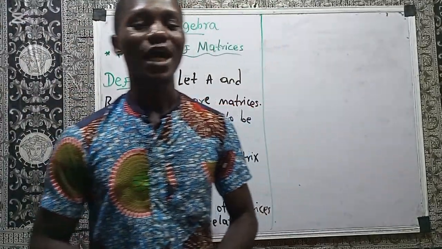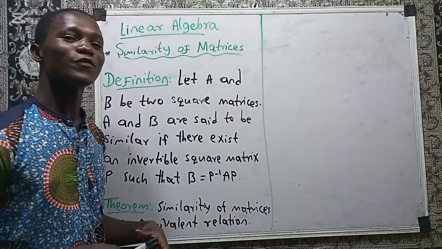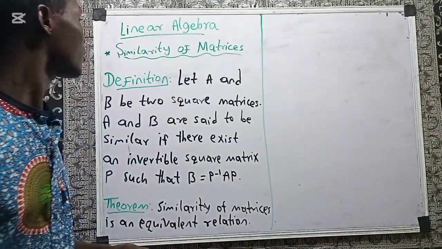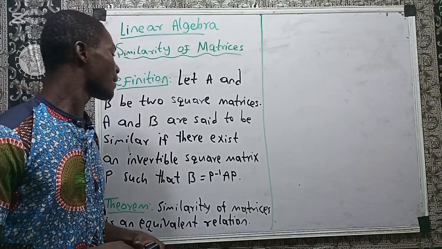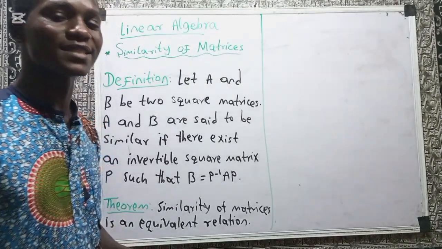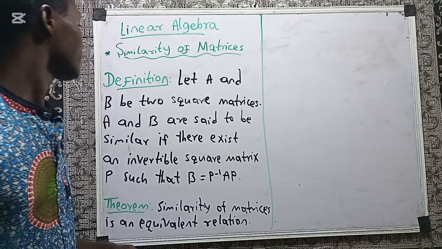This is linear algebra class, and today we have this important topic to consider: similarity of matrices. Let's look at the definition we have on the board here. Let A and B be two square matrices, which means let A and B be n by n matrices.